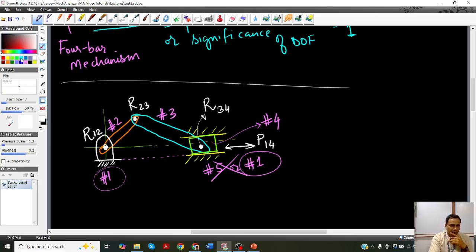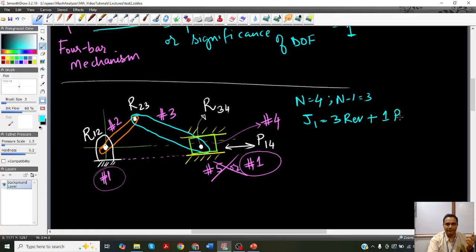Okay. Now, having said that, let us look at this. N is equal to 4, n minus 1 is equal to 3. Number of pairs with one relative degree of freedom or surface contact is 3 revolute plus 1 prismatic. So totally there are 4 J1s. Line or point contact, we don't have anything, so this will be 0.